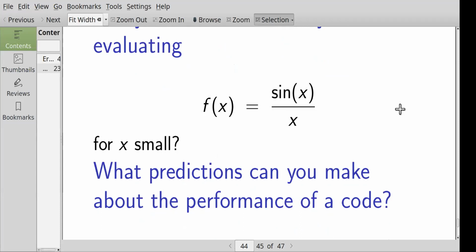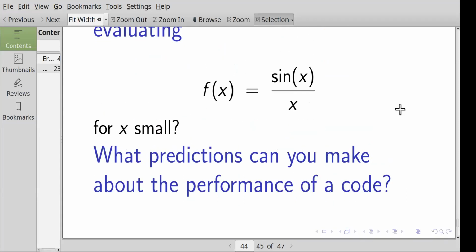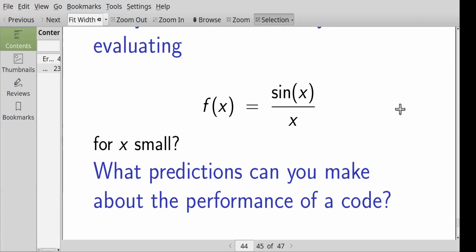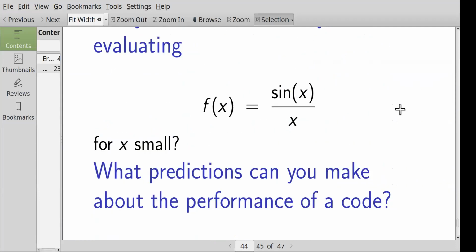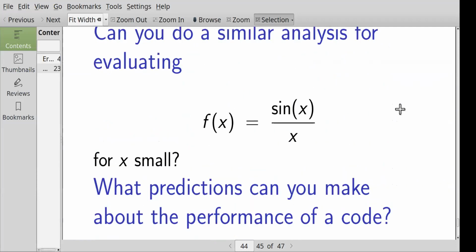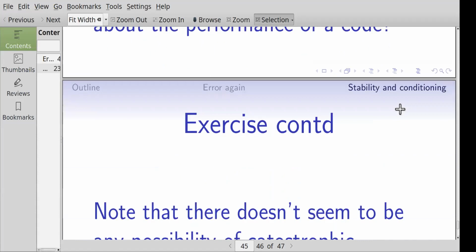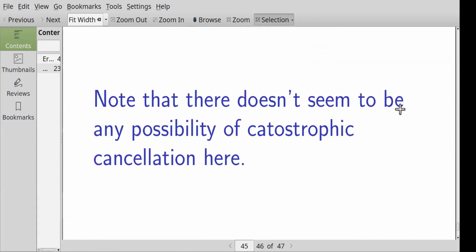I would like you to try and, to the extent possible, copy and paste the analysis that we did for the cosine for the previous f. I want you to make a prediction about the performance of the code, and then maybe write a code and see if your prediction is right.